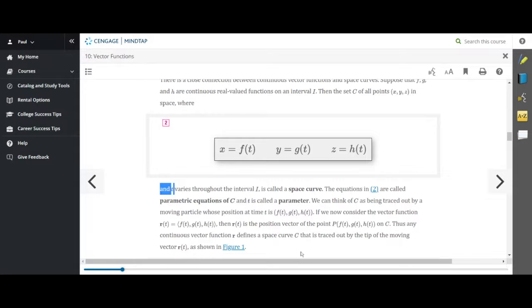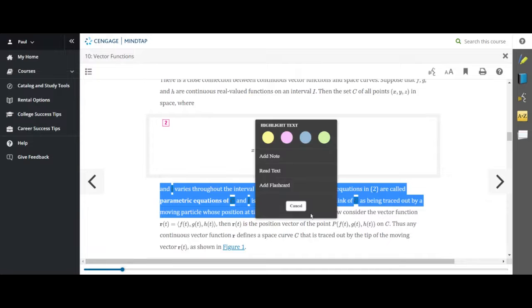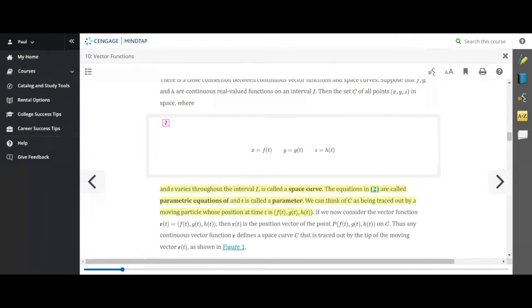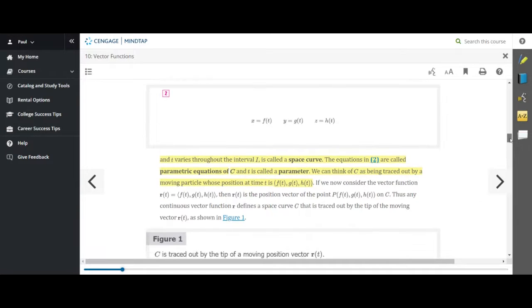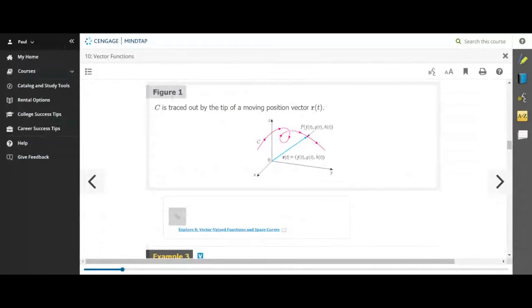As it aptly says here, we can think of this space curve C as being traced out by a moving particle whose position at time t is given by those coordinates, f of t, g of t, and h of t. And that's exactly what they have drawn here in figure 1.